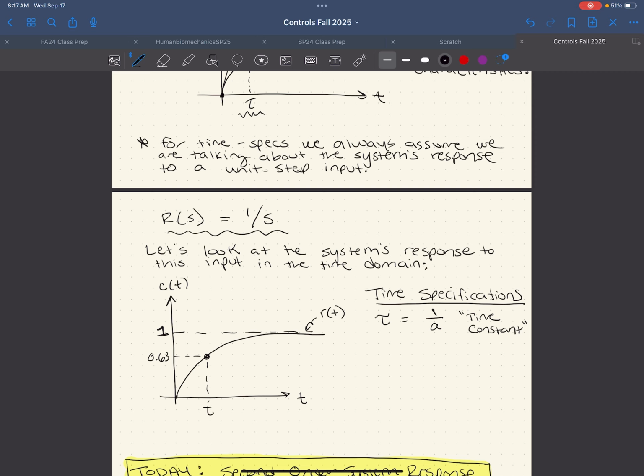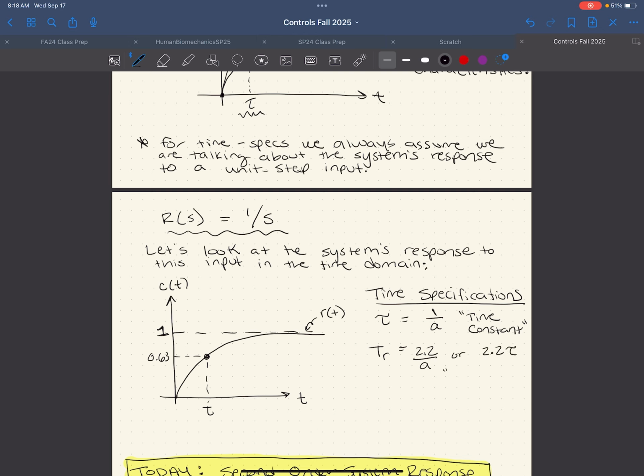So this is time tau, if I were to draw it on the graph. And then we also said that we have a rise time, T R, which is 2.2 over a, or equivalently 2.2 times tau.